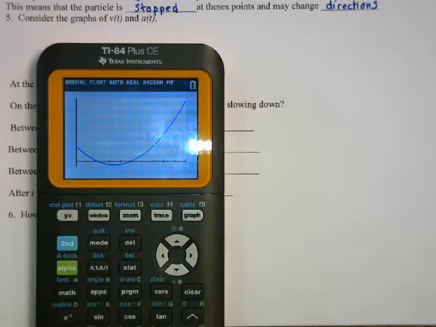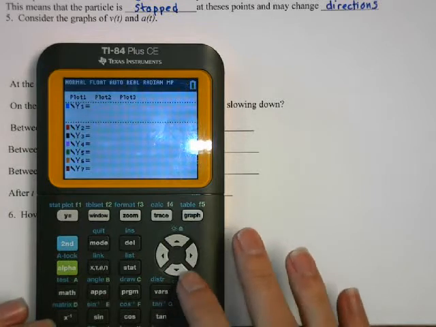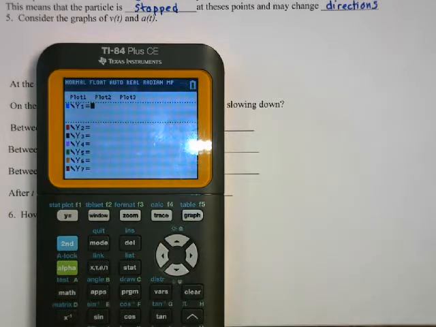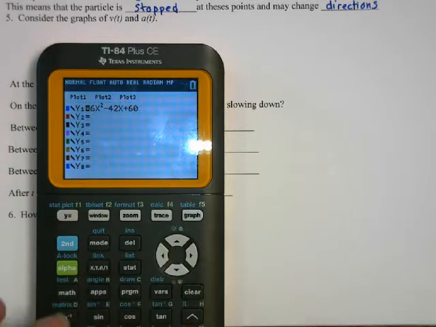Now on top of this graph, we'll add the acceleration, 12x minus 42. Don't delete your velocity, 6x squared minus 42x plus 60.